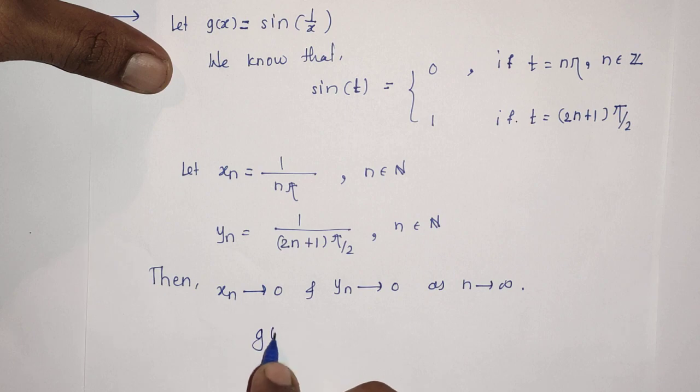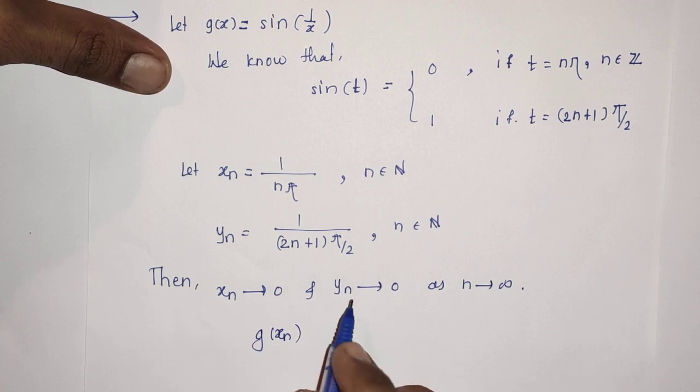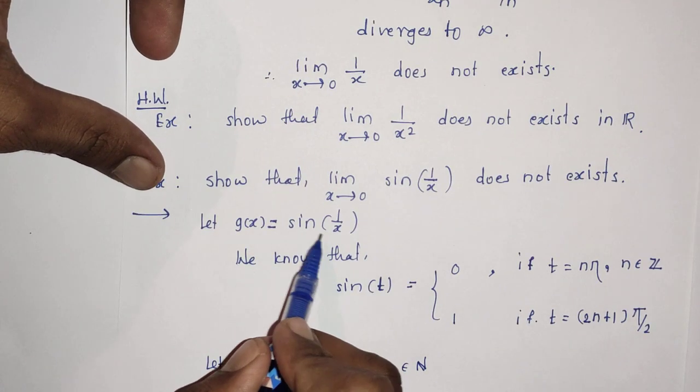Now let us take the images of the sequences xn and yn. So g of x is equal to sin 1 by x.